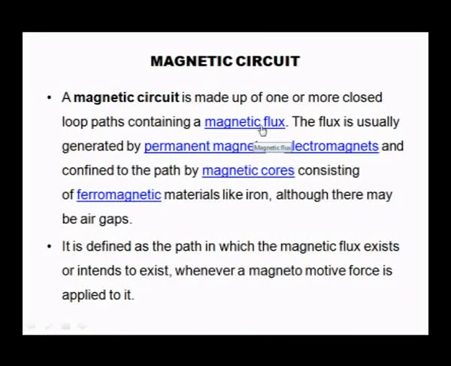Just like you are familiar with an electrical circuit, which has an EMF source and a resistor, likewise a magnetic circuit is made up of one or more closed paths containing a magnetic flux. The flux is usually generated by permanent magnets or electromagnets, and the path is confined to the magnetic core.